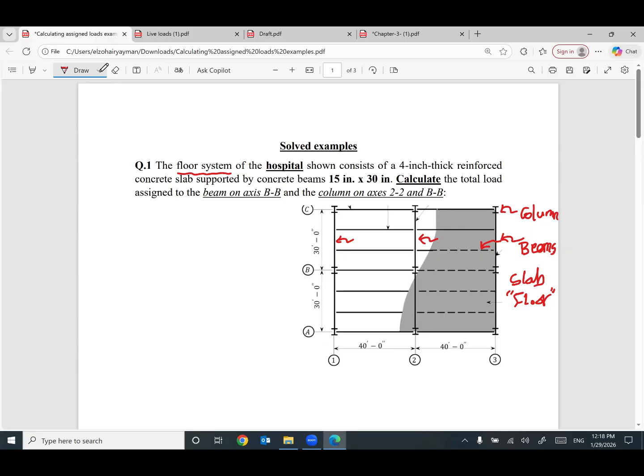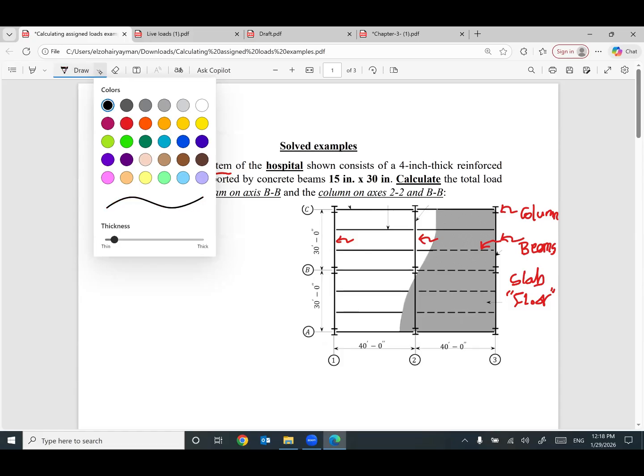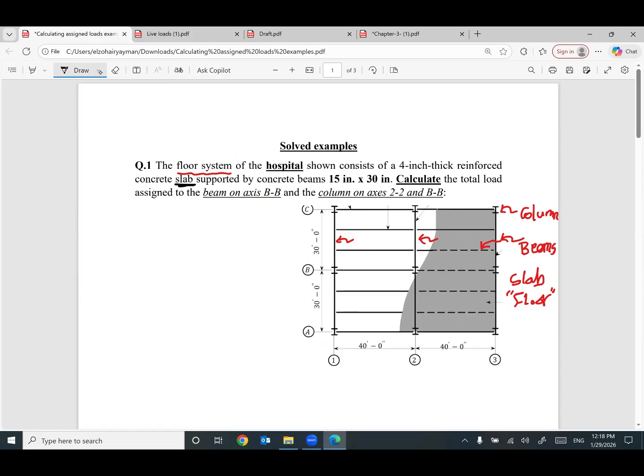So your slab has a thickness equal to 4 inches, and the concrete slab is supported by concrete beams. So these lines, which are representing the beams, these beams are 15-inch by 30-inch cross section.